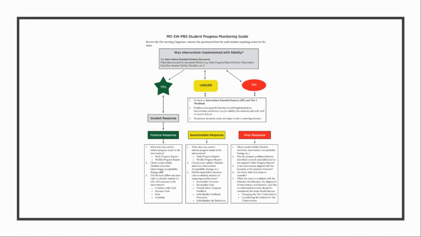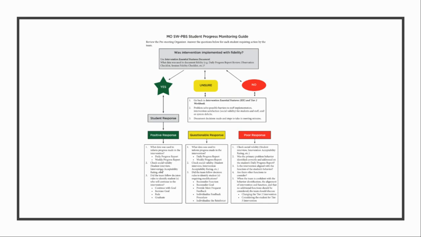Now, if that student is having a poor response, then of course they're always going to check the social validity of the program. Number two, they're going to ensure that the primary problem was identified correctly and addressed on the student's daily progress report. They're going to answer, is the intervention aligned with the function of the student's behavior?